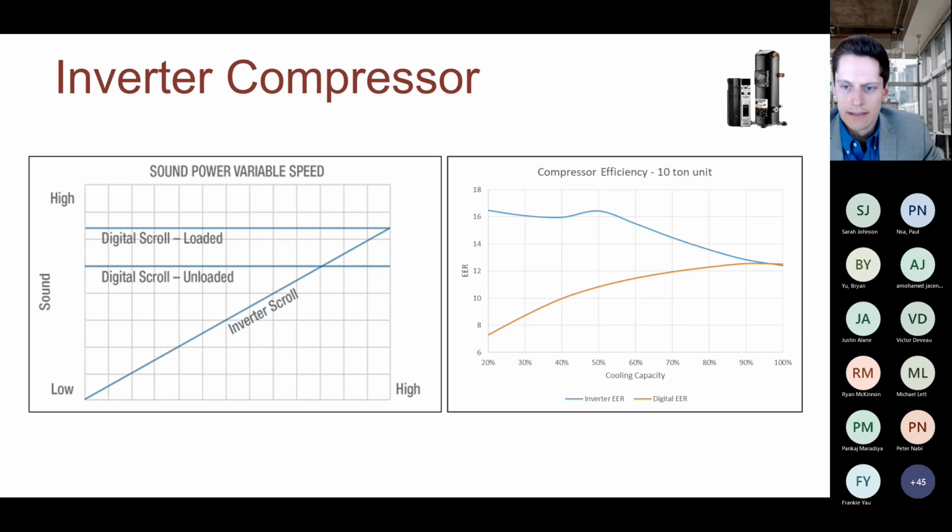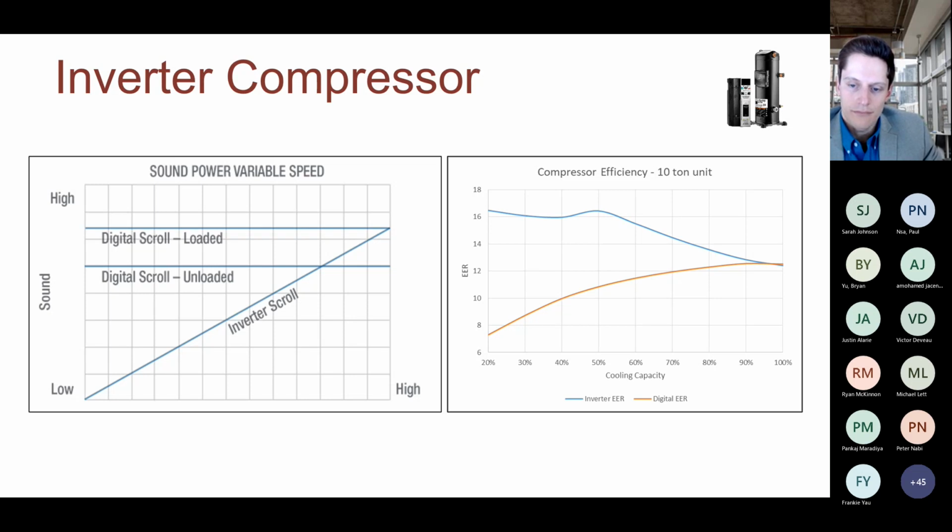The other main reason I would say that we're seeing more inverter compressors is the efficiency. The Department of Energy has new requirements as of this calendar year for units, and that drove many manufacturers towards inverter compressors because they're much more efficient at part load. And if you think about your DOAS unit, most of the time during the year, it's going to be at some part load condition.